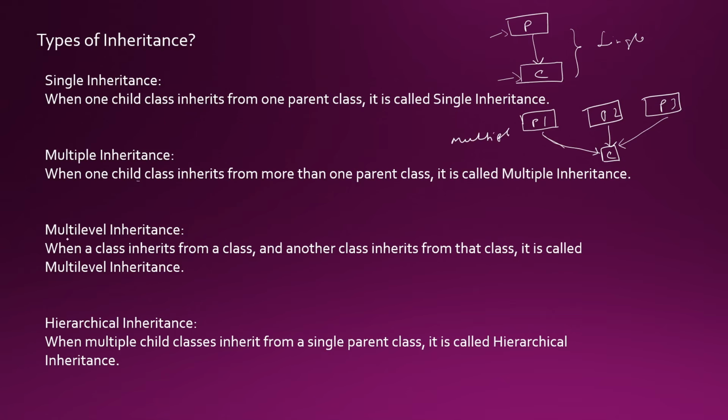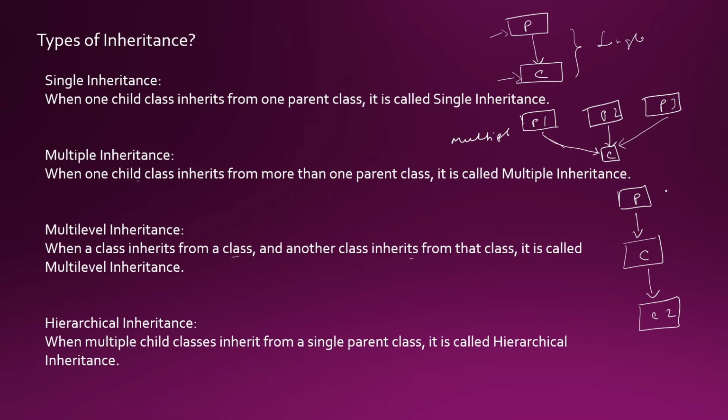Multi-level inheritance. When a class inherits from a class and another class inherits from that class, it is called multi-level inheritance. That means, suppose this is my parent class. Now here is my child class. This child class is inheriting all the properties from this parent class. Now here another class, that is child class 2.